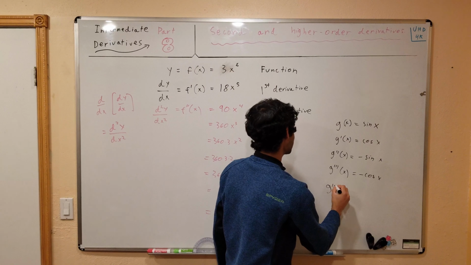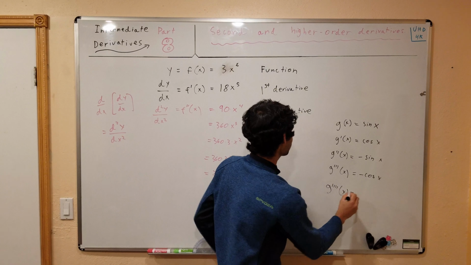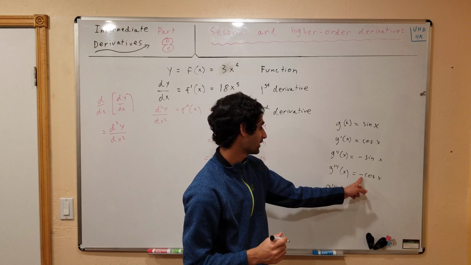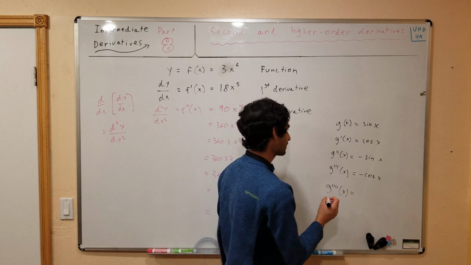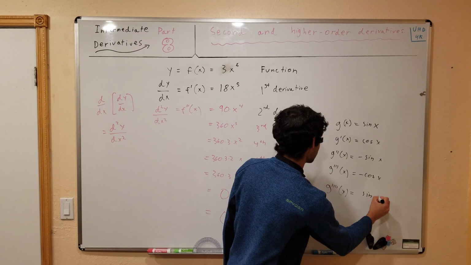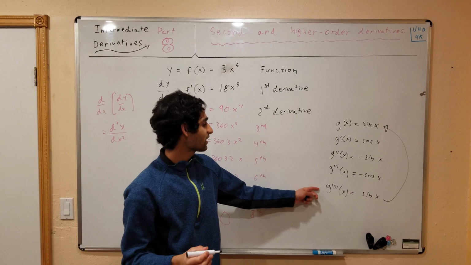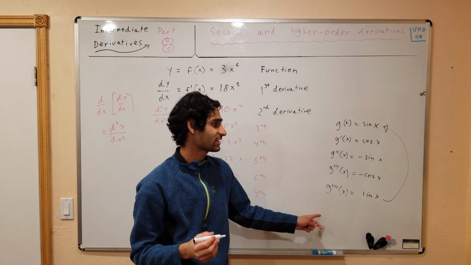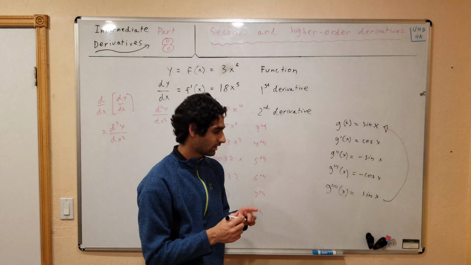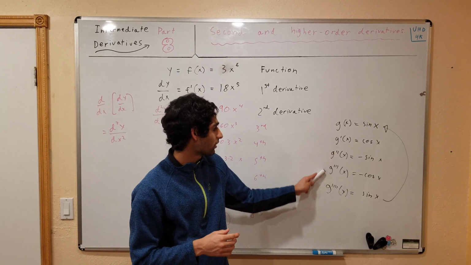And you probably predicted this by now, but what's the fourth derivative of g of x? Well, the derivative of negative cosine of x with respect to x is just sine of x. So you can see we've kind of gone full circle over here. So if we just keep taking higher order derivatives like 5th, 6th, 7th, millionth, billionth, whatever, it's going to be one of these 4 functions over here.